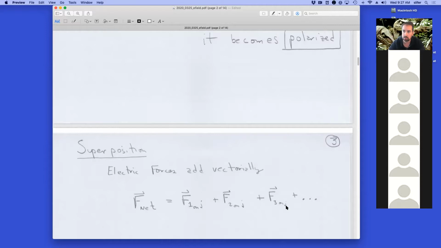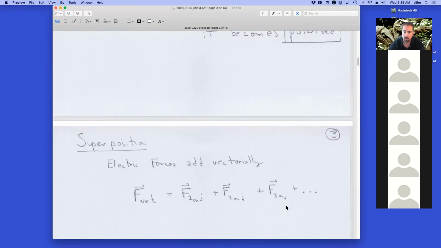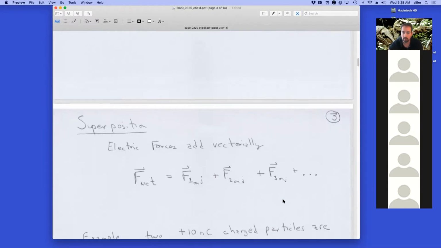I get it that this is way abstract. I'm going to try to explain this a little better with an example. But the idea is, J is the point of interest where we want to figure out what the force is, and each of these 1, 2, 3 are the multiple charges that could be acting on that object.